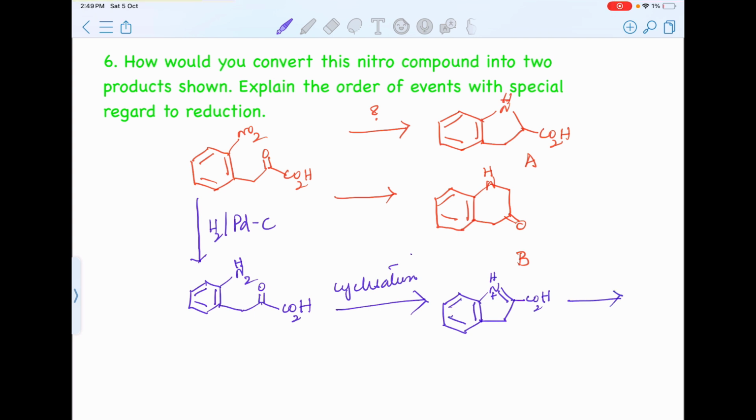And in the final step, we have to reduce it again with palladium on charcoal to give back the compound A.